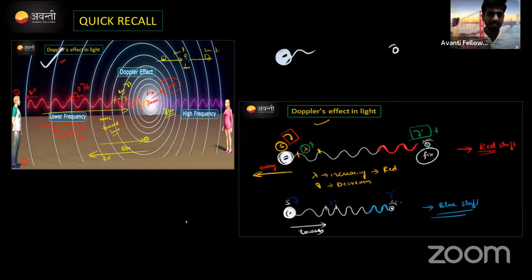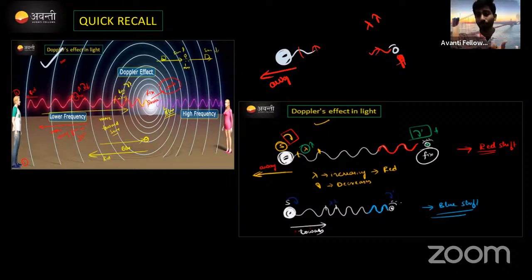Just imagine that the source is moving away from you, this is you, this is a person P. If it is moving away from you, the wavelength will keep on increasing. That's why for your eye the color emitted by the source will look like red when it is moving away from you. I explained yesterday. Correct now?